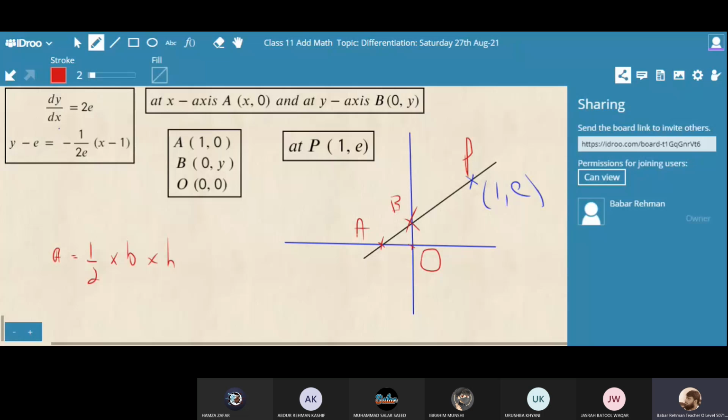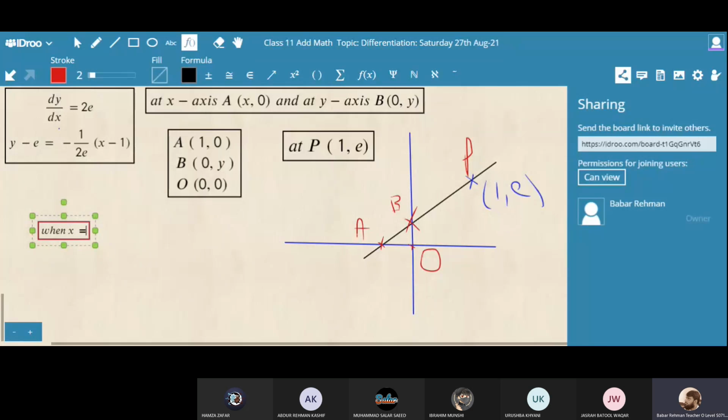Okay, students, you are taking too much time. I'm going to finalize this concept. Look at this very carefully.